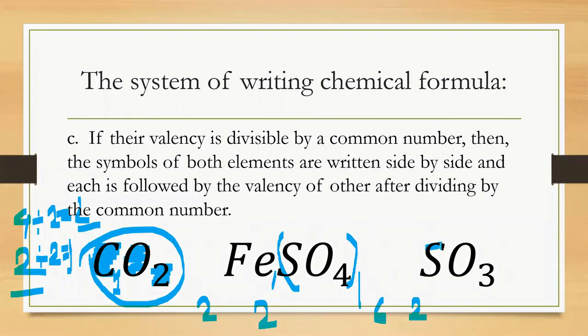So first of all, we need to write down sulfur and oxygen. When we divide the valency of sulfur by 2, it is 3, which is followed by oxygen. And when we divide the valency of oxygen by 2, it is 1, which is followed by sulfur.